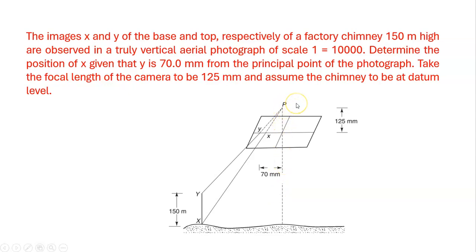P is the exposure station. This depth is the focal length, which is 125 millimeters. This radial distance to the bottom seen on the photograph is known to us, which is 70 millimeters, and x is directly on the datum. So this line represents the datum. The height of the chimney in reality is known to us, which is about 150 meters.